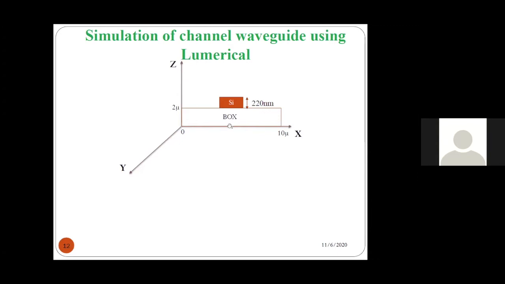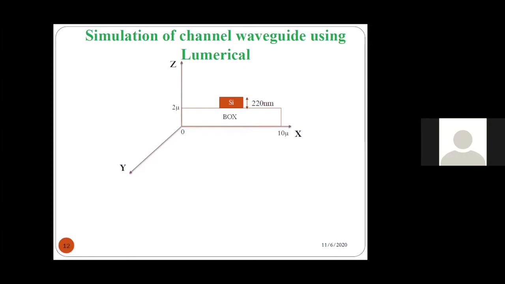Usually all these silicon waveguides are fabricated on SOI wafers. The bottom layer will be silicon, the middle layer oxide, and the device layer silicon. When you purchase any SOI wafer, the bottom thickness will be hundreds of microns, and the top layer thickness will be a few nanometers.